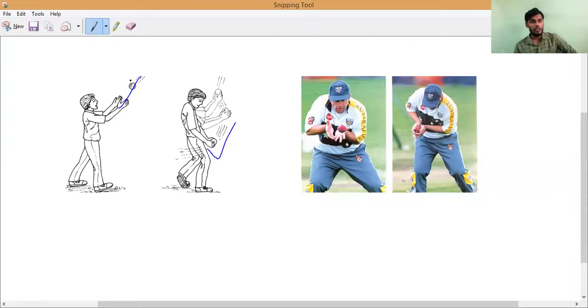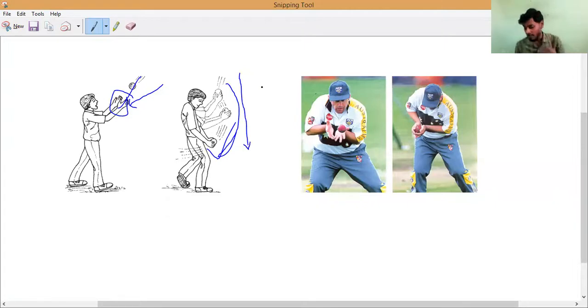So here you can see, if you catch the ball here, if you stop here itself, then a large force is applied to your hands, because within a fraction of a second the ball comes to us. So the rate of change of momentum is too high, and it will injure our hands. Once you catch the ball, your hands keep on going backward, so the time of travel of the ball keeps on increasing.